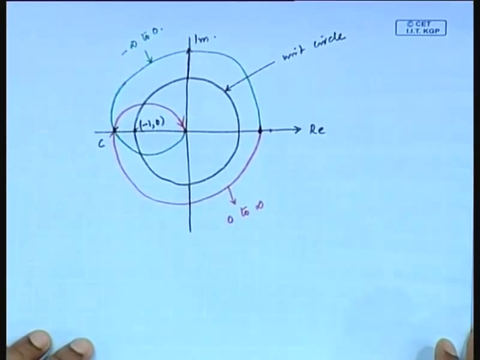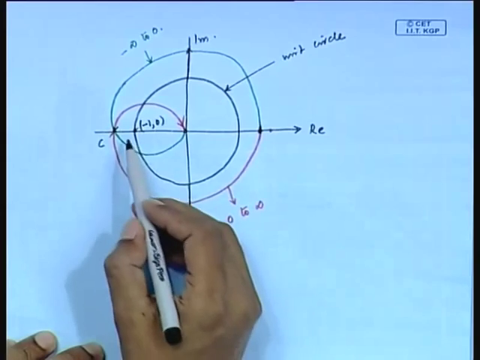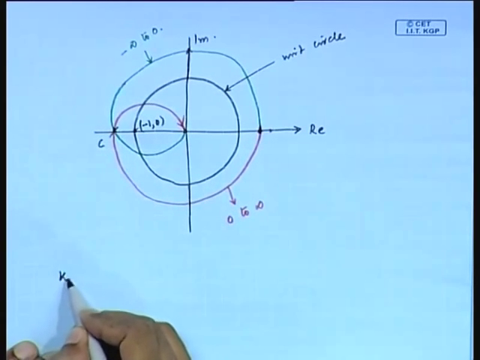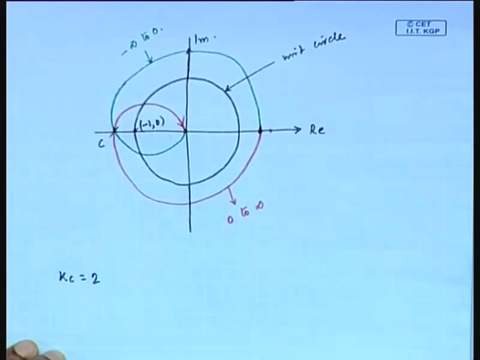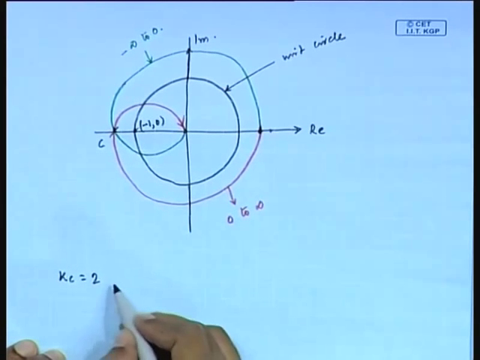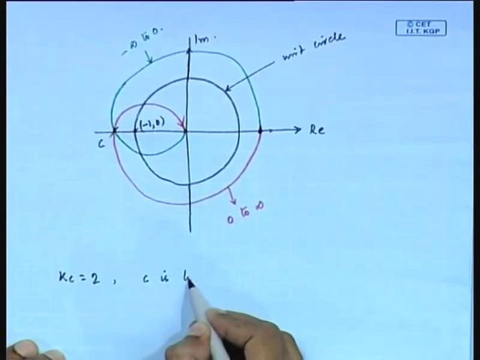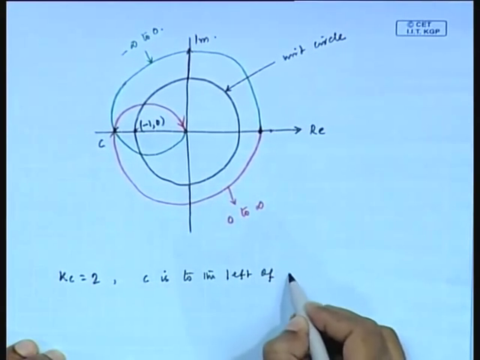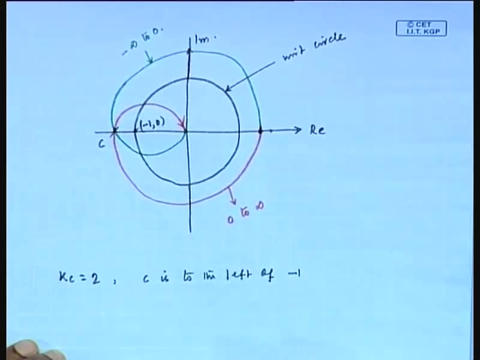You see, when Kc equal to 2, the cross point C is to the left of minus 1. So, we can say that the system is unstable.